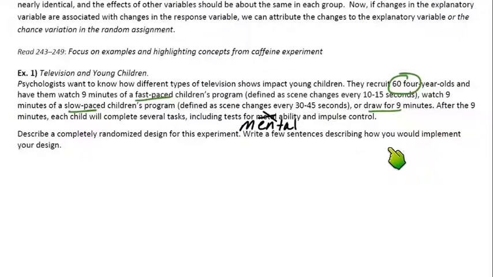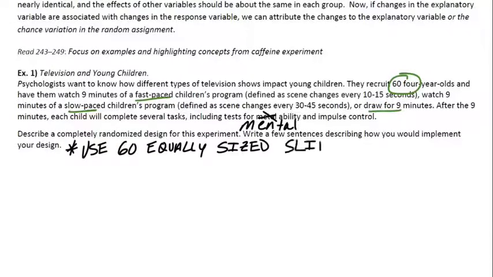So the first thing is we need to randomly assign these kids to which treatment they get. So that would be easiest with a hat method. So let's start with 60 identical slips of paper. Make sure they're exactly equally sized, of course. And then I suppose we could put each kid's name on it and then draw them out that way.